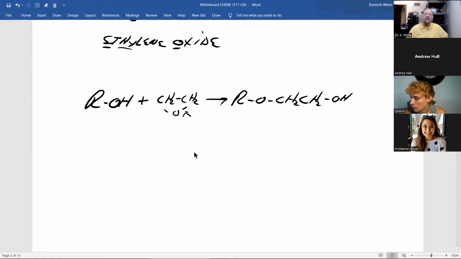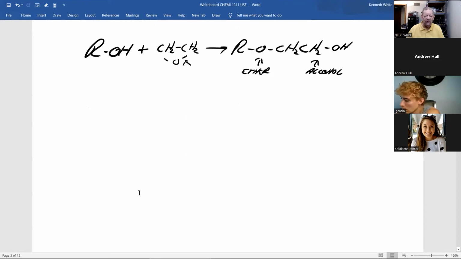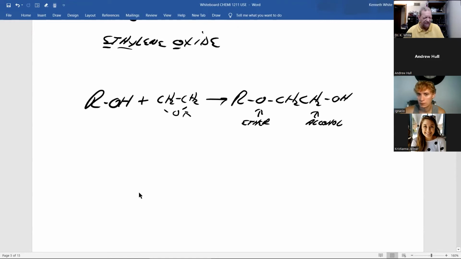Is you make this ether alcohol. There's an ether there. And this is an alcohol. And it turns out these type of molecules are very useful in products you buy already. And I'll talk about that. So let's take a look at this reaction.